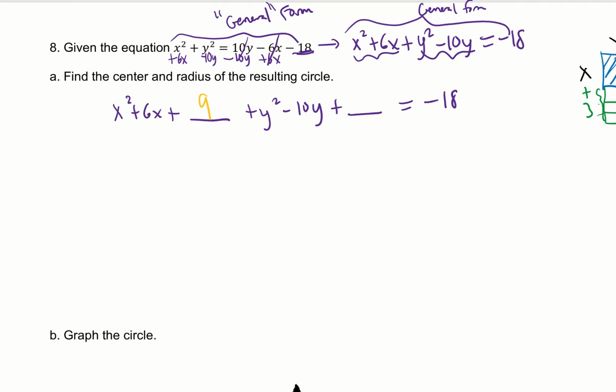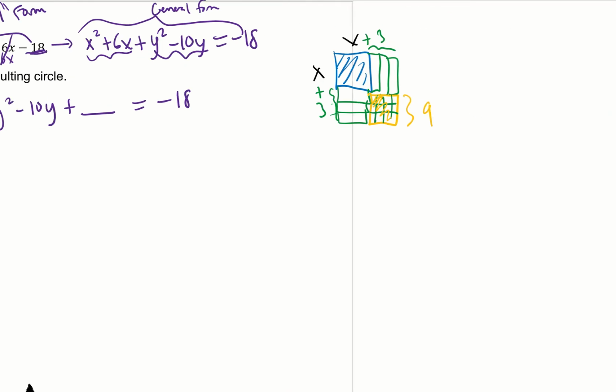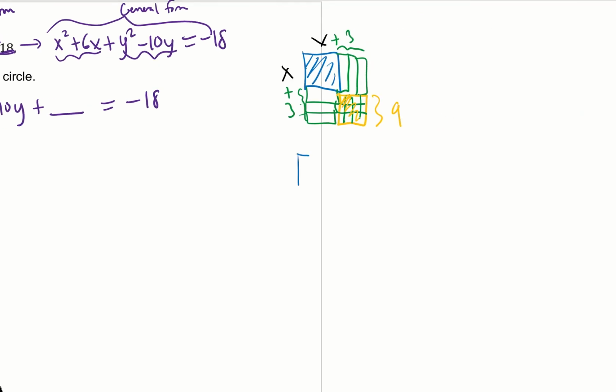All right, so let's draw the model for y squared minus 10y. So we have ourselves the blue tile, which is a y by y. And it says minus 10y, so instead of having the green rectangles, we're going to have the red side on the algebra tile. But we're still going to have 10 of them, so we're going to cut them 5 on each side.